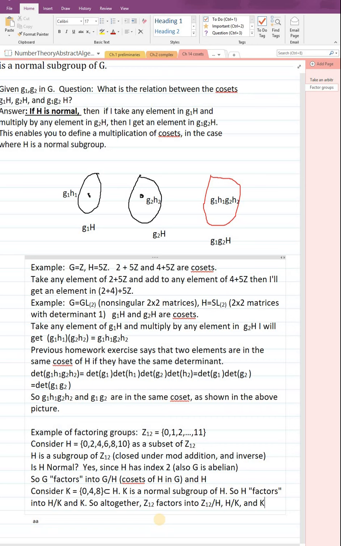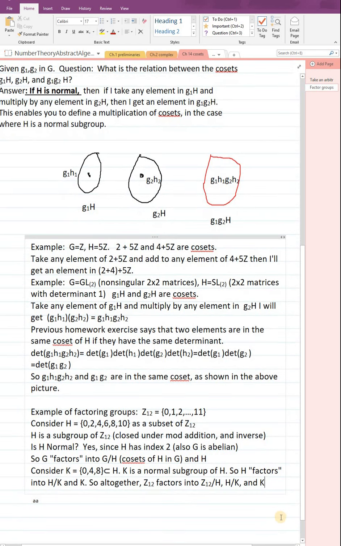If K is a normal subgroup of H, and H is normal in G, wouldn't K be normal inside of G as well? Not necessarily. That's a good question. Because if you remember what normal means... Let's do this.